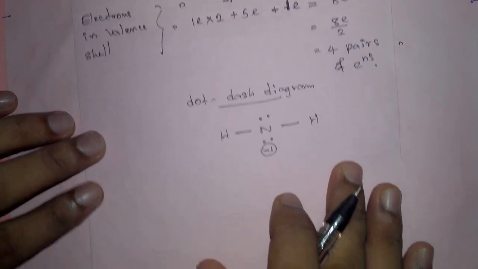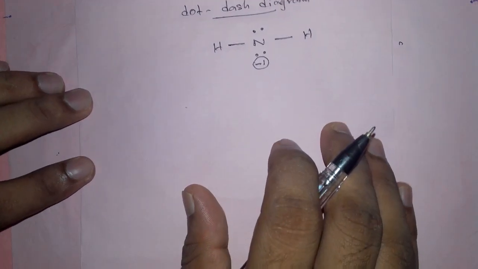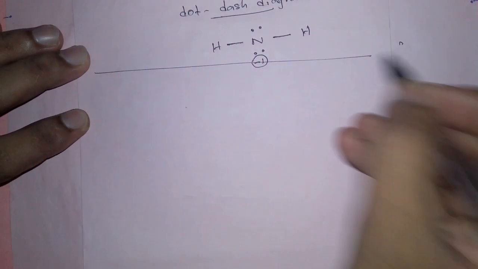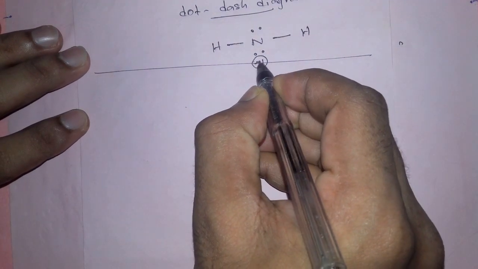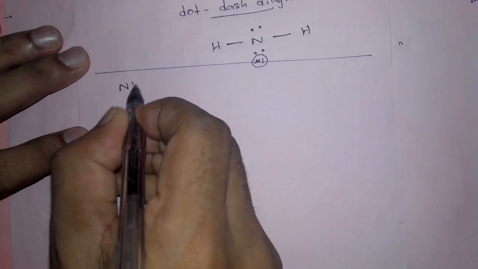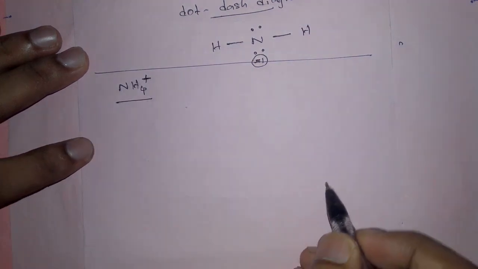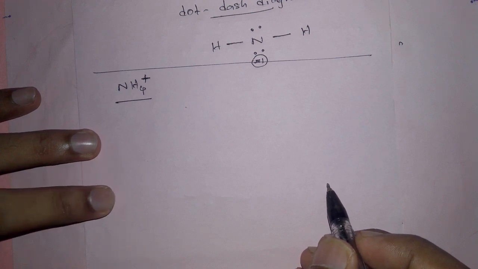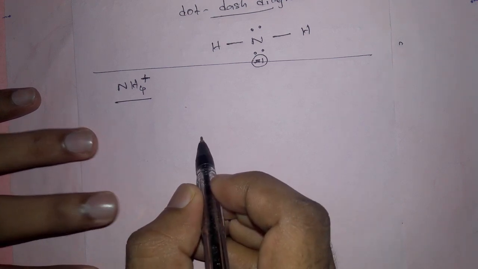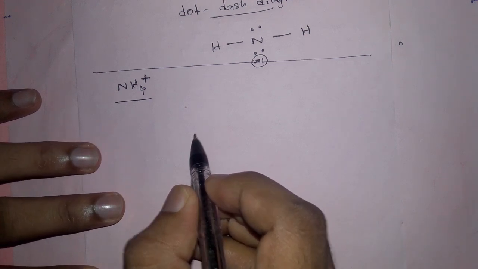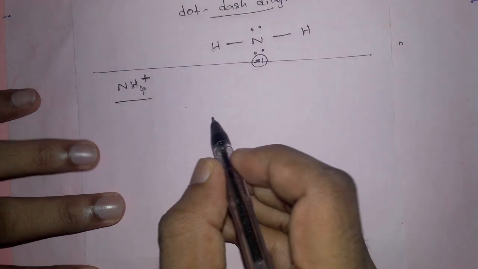And I will explain another example as well. That is the NH4 plus ammonium ion. Let's see how to draw the Lewis structure of this NH4 plus. First is identification of the central atom.